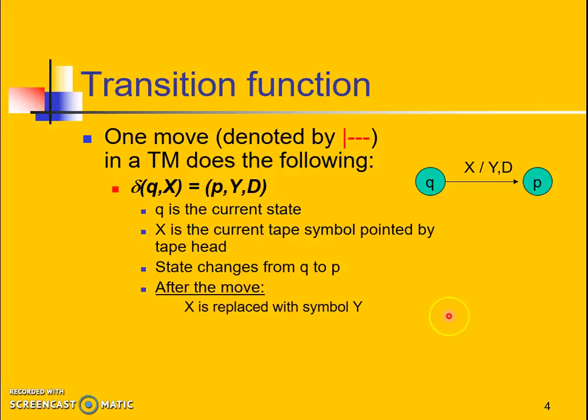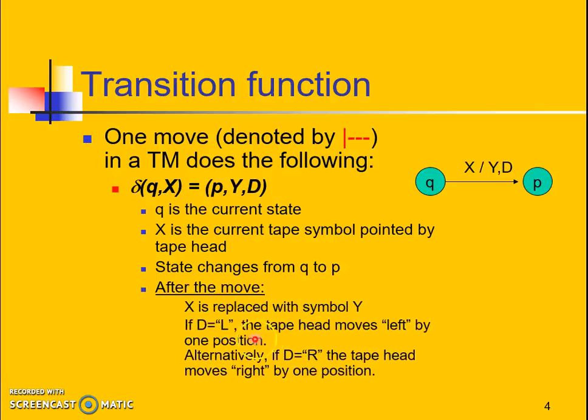After the one move, X is replaced with Y. If D is equal to L, the tape head moves left by one position. Alternatively, if D is equal to R, the tape head moves right by one position. In the transition diagram, it will be shown like this: X is replaced with Y and the direction.